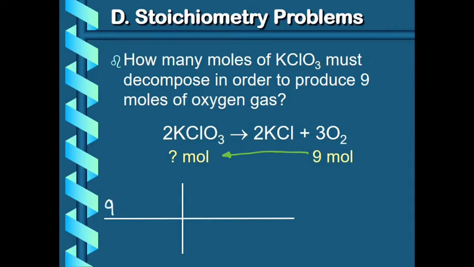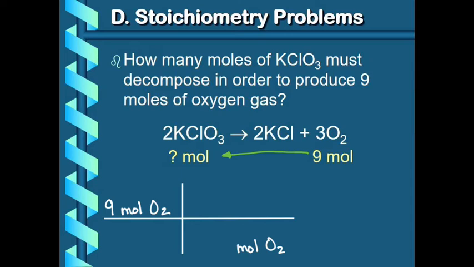I know that I have 9 moles of oxygen gas, so I have labeled my number, my unit, and my substance. Moles of oxygen has to be repeated here at the denominator. That is moles of known.